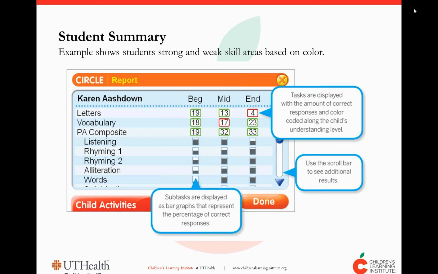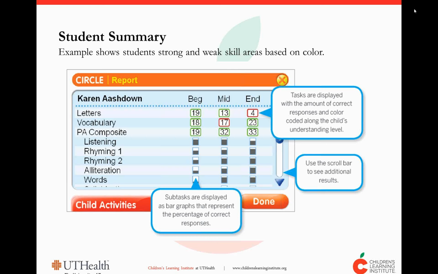So in the student summary, the teacher is seeing for each individual child from beginning assessment to middle of the year to end of the year, how the child is doing in each area, direct as well as indirect assessments.